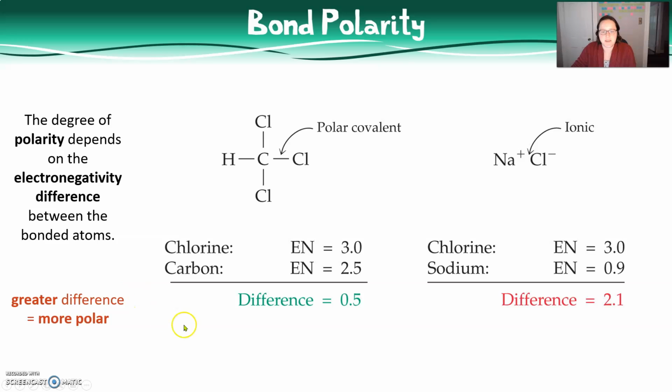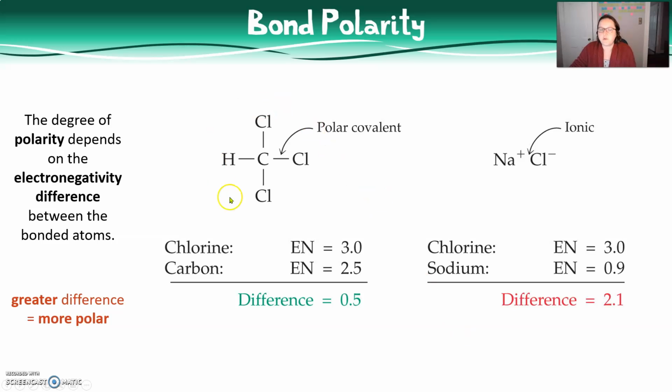In the two examples here, the electronegativity difference between a carbon atom and a chlorine atom is relatively small at only 0.5. So this bond is only slightly polar and has a lot of covalent character. But the electronegativity difference between sodium and chlorine is much larger, giving 2.1, representing a bond that is highly polar and has a lot of ionic character.